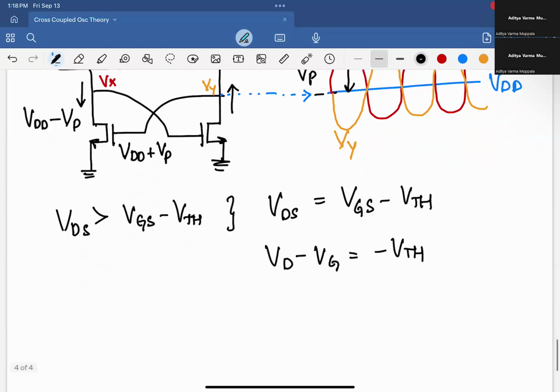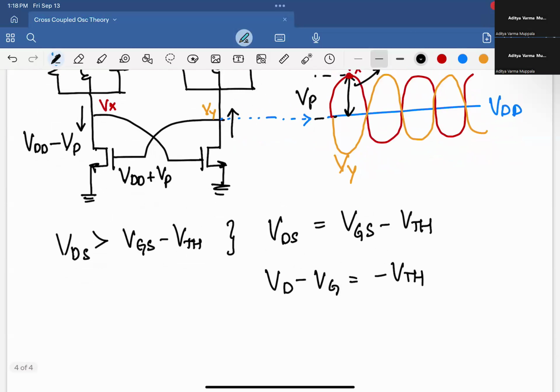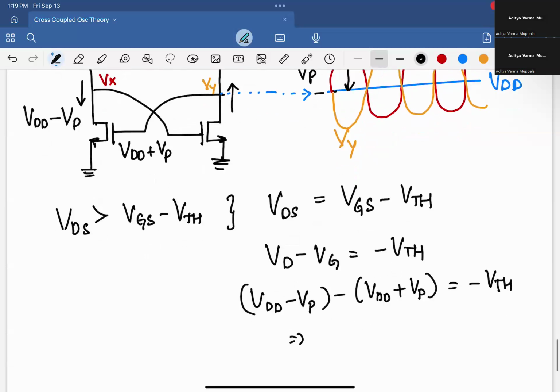And we know that VD minus VG is nothing but VDD minus VP minus VDD plus VP, which would be equal to minus VTH, which means that V peak to peak is equal to VTH, right? Which means that V peak is VTH divided by 2, right?